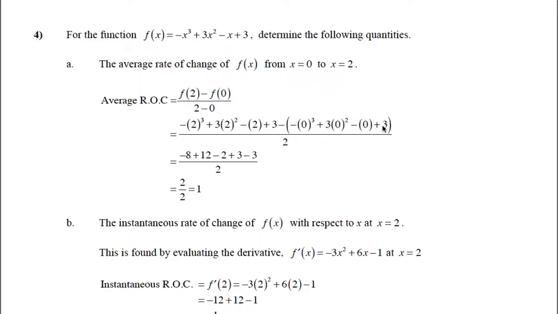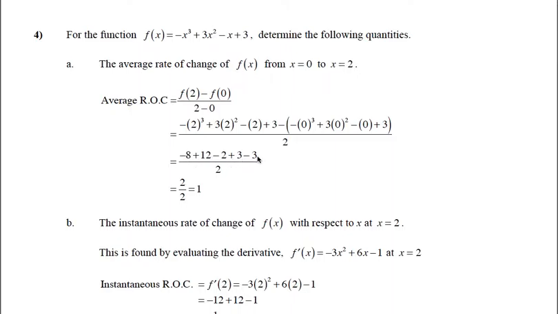Now, later in the exam, we will be evaluating the function at 0, and it's probable that the value is just going to be 0, but you always want to follow through with this evaluation, just in case, as in this case, it is not 0. So it's 3 in this case, and we're subtracting that, so we have a minus 3 down here.